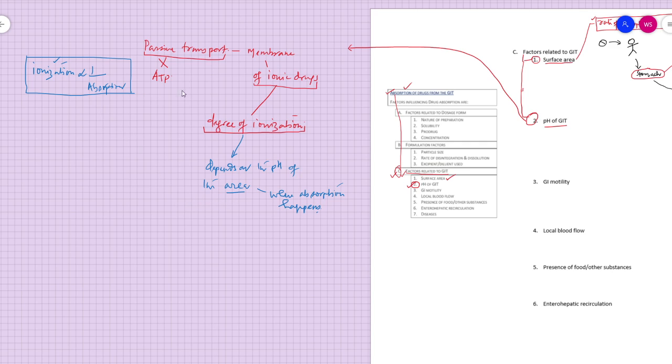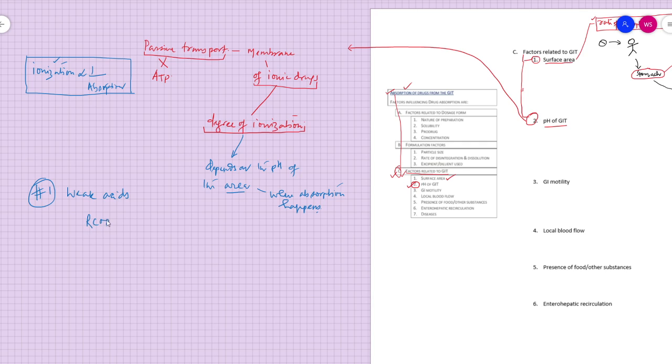So pharmaceutically, there are two types of drugs which are ionizable and of interest with regard to the degree of ionization. The first one is weak acids. Let's talk about the general formula of a weak acid.